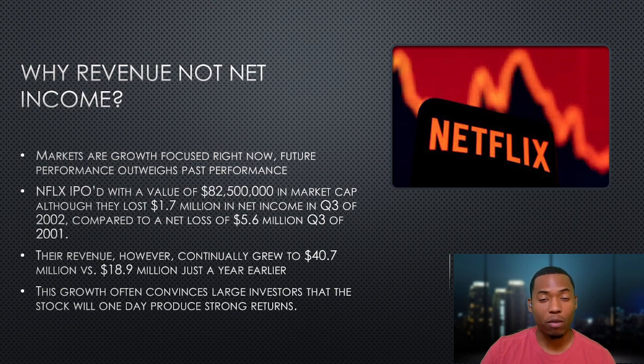Although they IPO'd at $15, if you were to adjust everything for how many splits they've had, with the current splits it would be the same thing as them IPOing at around $1.11. So that's an incredible amount of growth because the stock is still trading comfortably in and around, even above $300.